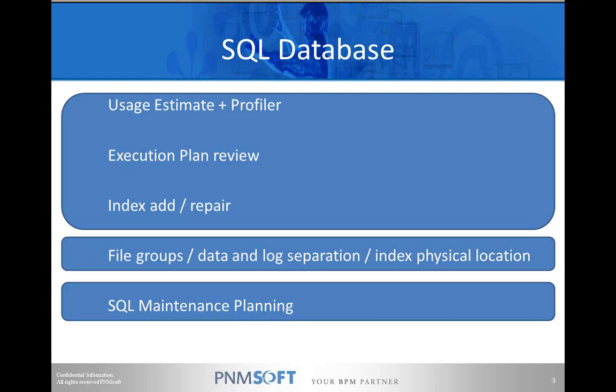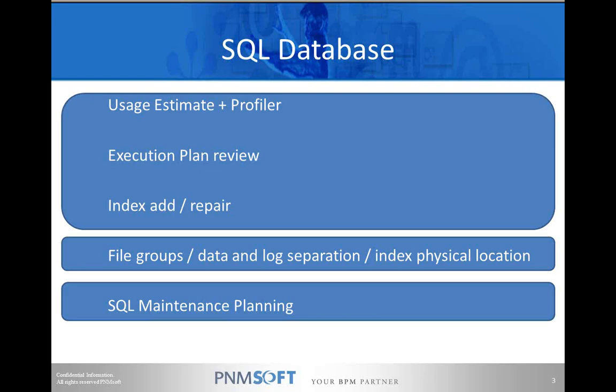We looked at the execution plan review very briefly. There's a whole art to looking at it, but how to look at an execution plan, how to get an idea of where the heavy bits are. And we looked at indexing. I didn't run, as I said, I didn't run the query before, but by running a reindex query periodically in consult with your DBA, and repairing those indexes that require them, you can improve performance dramatically.